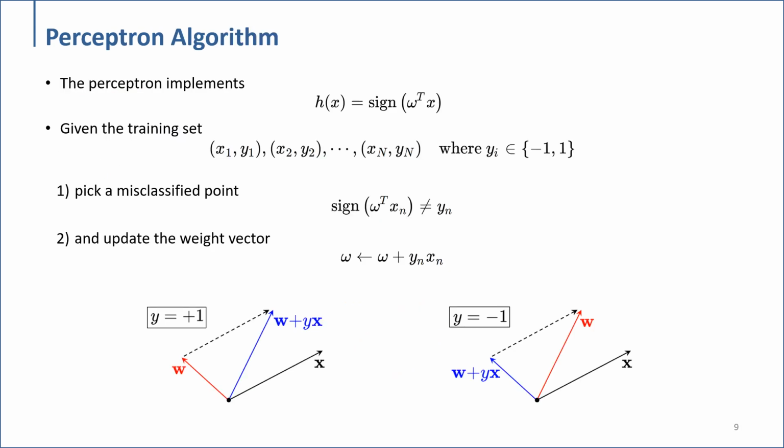So let's see how the perceptron algorithm works. As we have discussed, the perceptron implements the mathematical expression like this. h(x) is nothing but the sign of omega transpose x. And for the given training data set, we have a labeled data set of n labeled data.